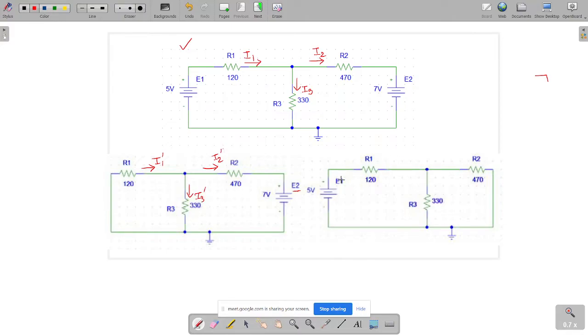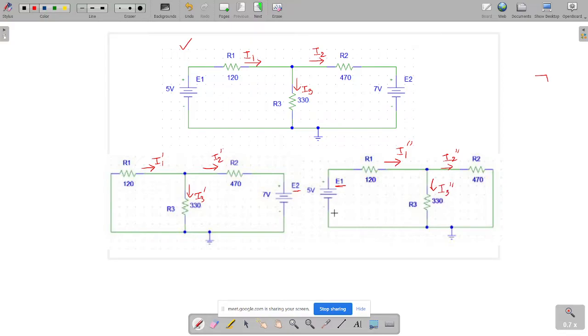Then in the third step we have to deactivate E2, that is, remove E2 from the circuit and bring E1 back in. We activate E1 and deactivate E2, and then solve the same branch currents. Let us say these will be I1 double prime, I2 double prime, and I3 double prime.